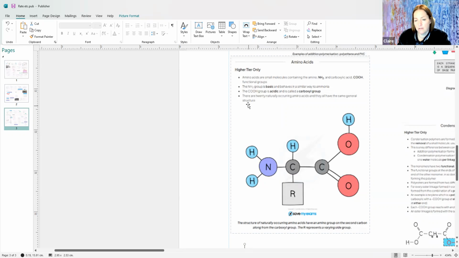That just defines what amino acid it is. The R represents the varying side group. You've got 20 natural amino acids, so that R group determines what that amino acid is. But all the amino acids have an amino group, a hydrogen, and a carboxylic acid attached to them. Okay.